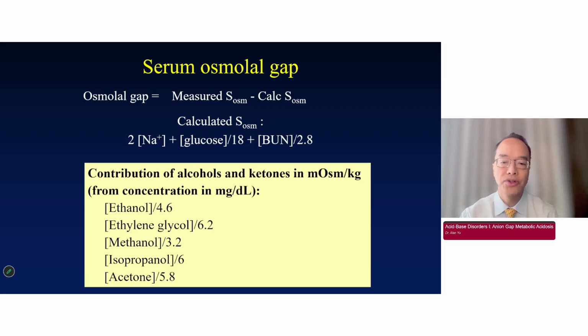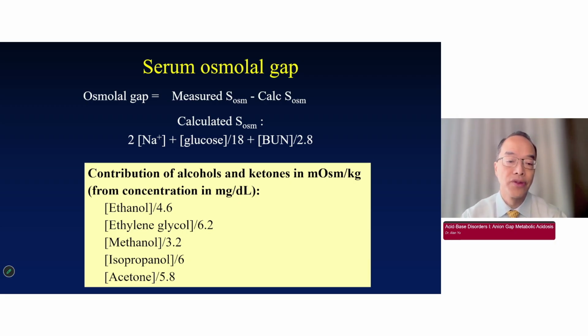The most useful application of this is for ethanol because it's so frequent to see patients come into the ER with an osmolar gap who have alcohol in their system, ethanol specifically, and it's usually very easy and quick to get a quantitative measure of alcohol level.